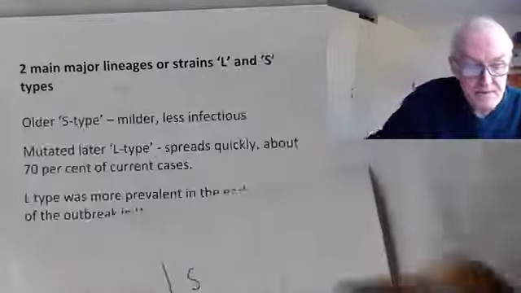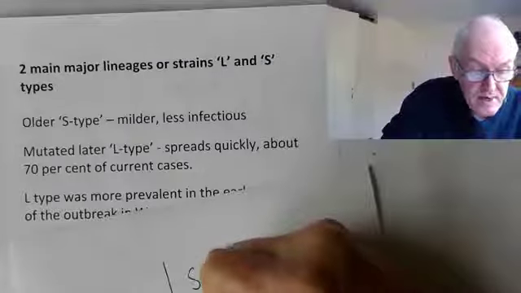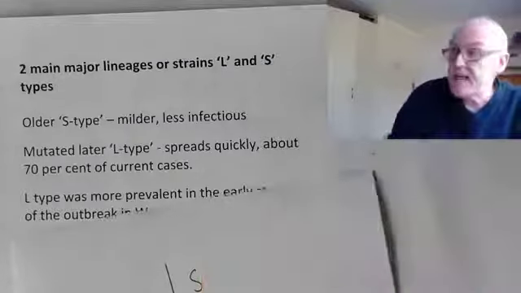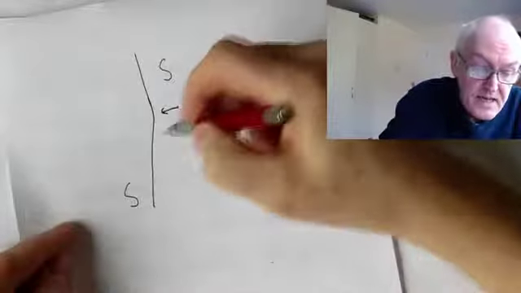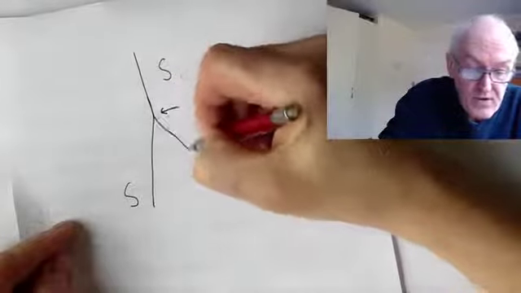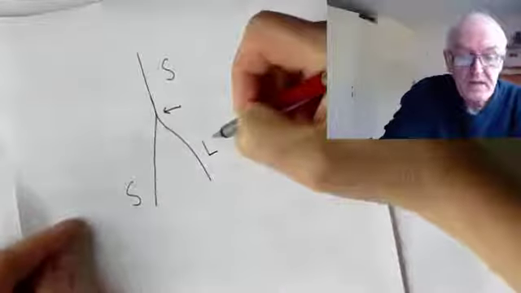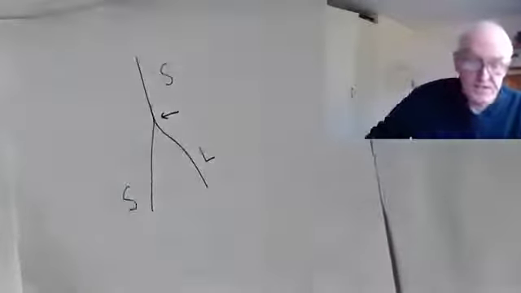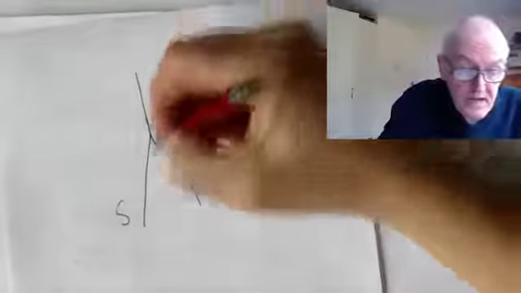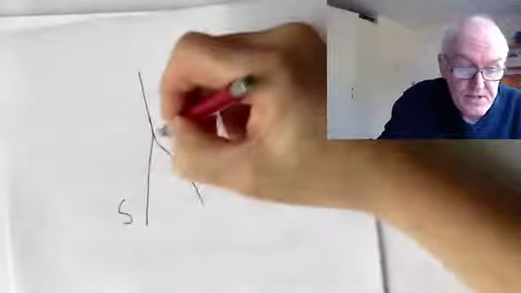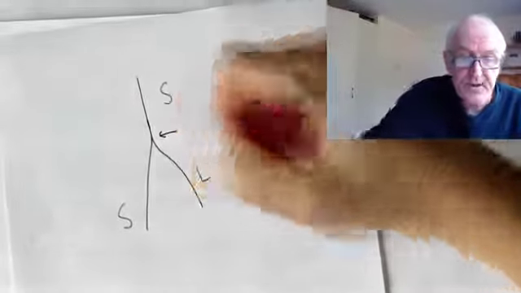But at the same time, there was a genetic mutation at this point here in one of the S form viruses. So one of the S form viruses here mutated into another type of virus, which is now called the L form. So we now have these 2 forms. The single ancestral S form has carried on as the S form, but there's this branch off, this mutation called the L form.